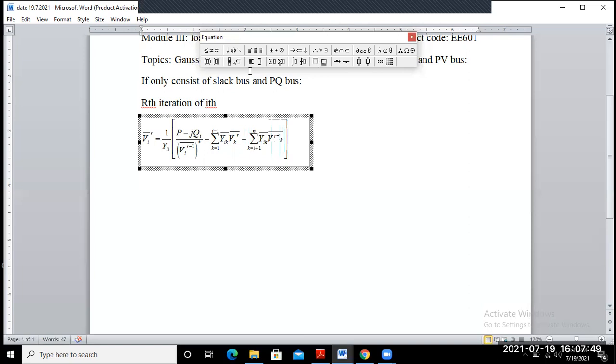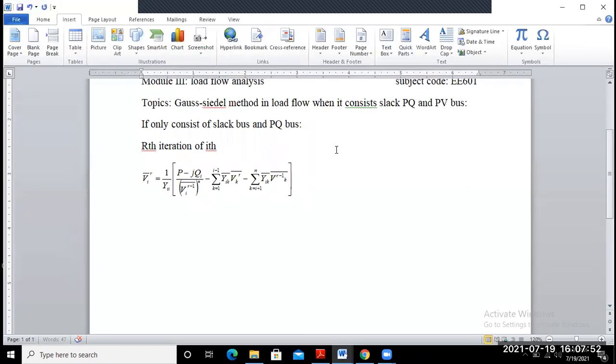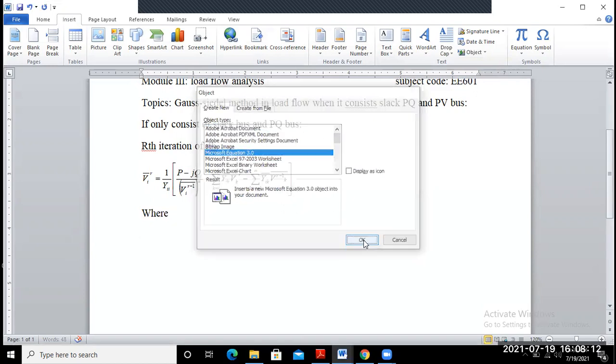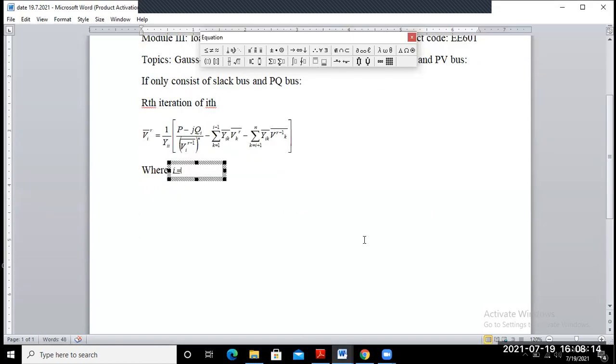R minus 1th. Okay. Now, if you consider that I started from 1 to n, what is the value of I, where I equals 2 to n? So I equals 2, 3, 4 up to n.